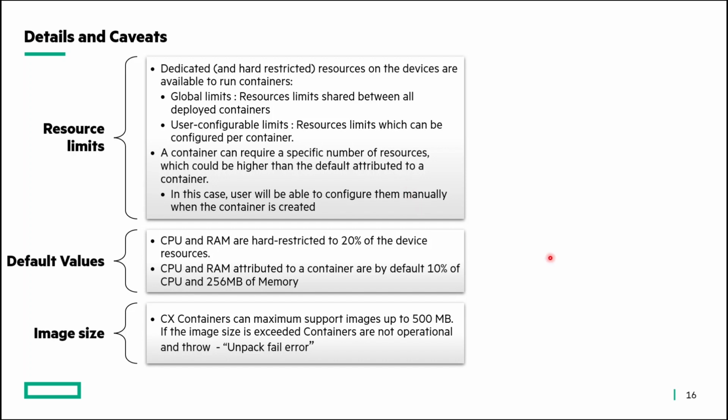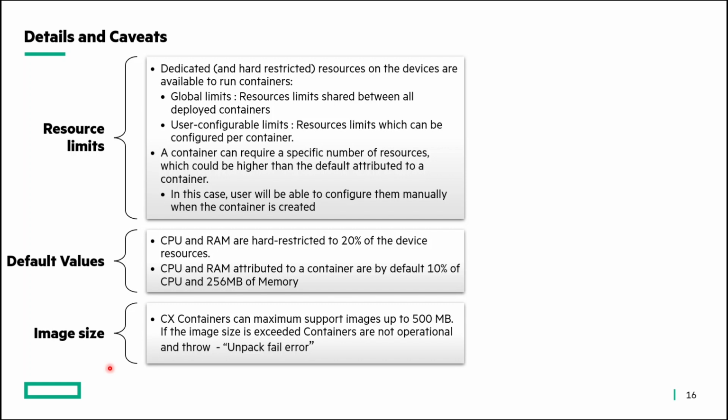Talking about the default values, CPU and RAM are hard restricted to 20% of the device resources, and the CPU and RAM attributed to a container are by default 10% of the CPU and 256 megabytes of memory. Another thing is about image size.